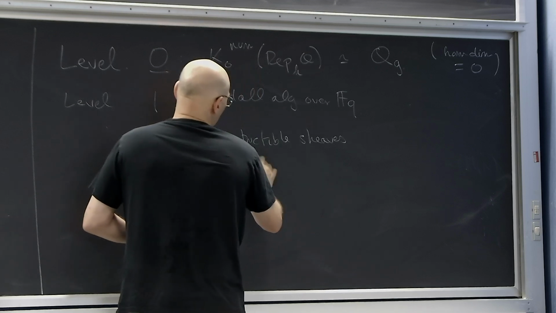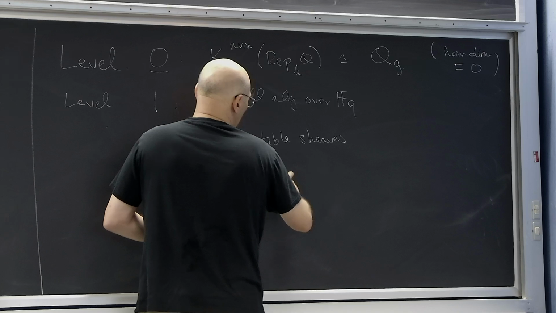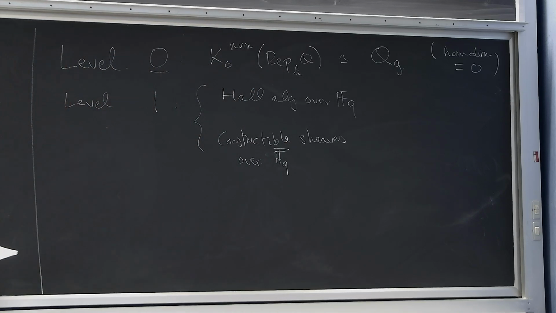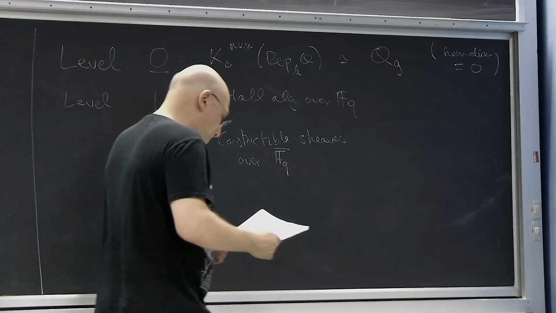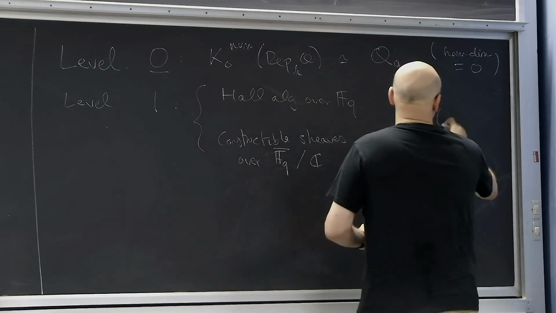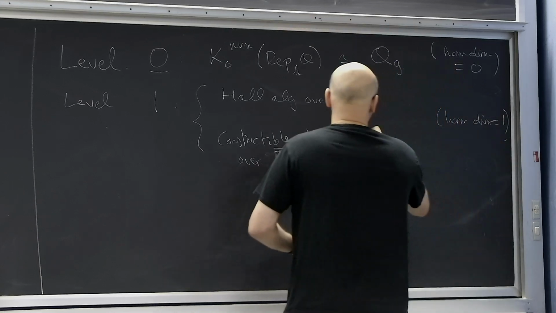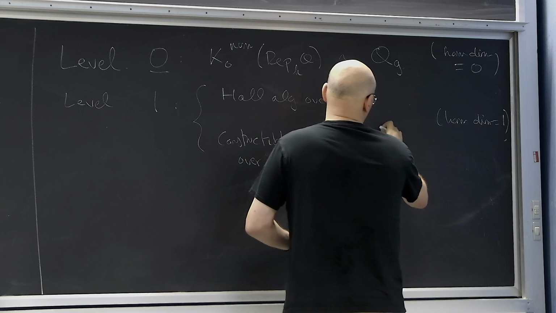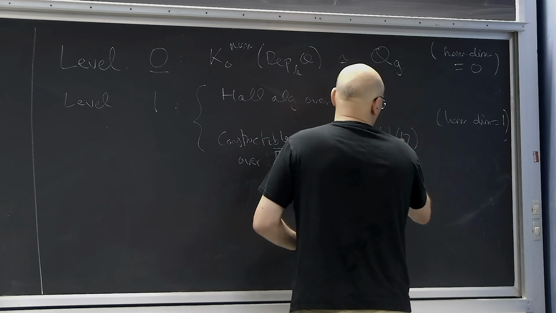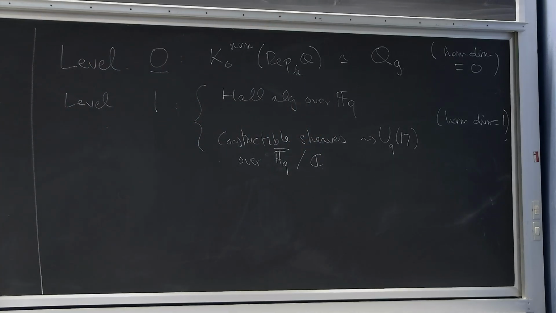So this is over, say, K equals K bar, but let's say FQ bar, although it's best also to remember the FQ structure, or C. And here we have homological dimension equals 1. And this will produce the Lie algebra itself, maybe a quantum version of the Lie algebra, or the enveloping algebra.